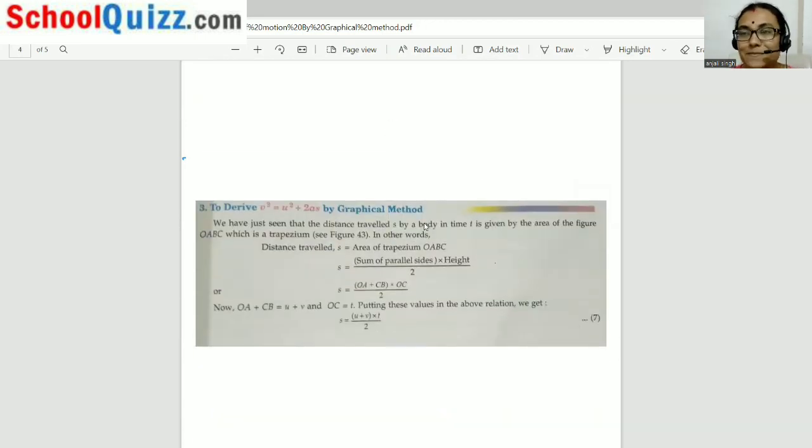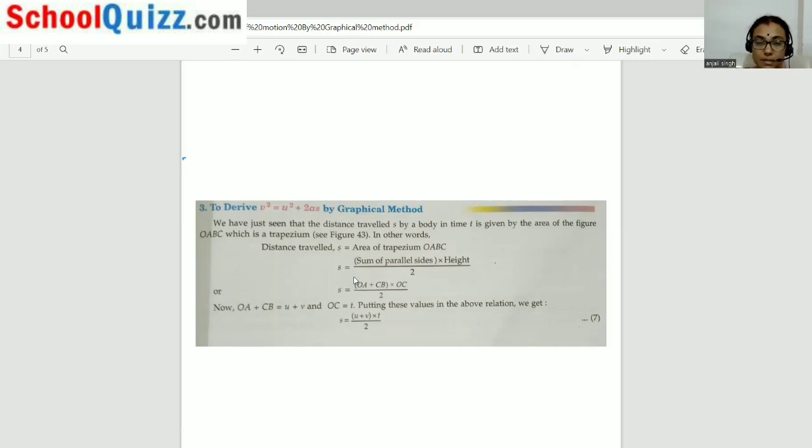That is very easy. Here also we will follow the same approach, the area of the trapezium OABC, but here we will take the formula of the area of a trapezium only. What will be the formula of the area of a trapezium? That will be the sum of parallel sides into height.